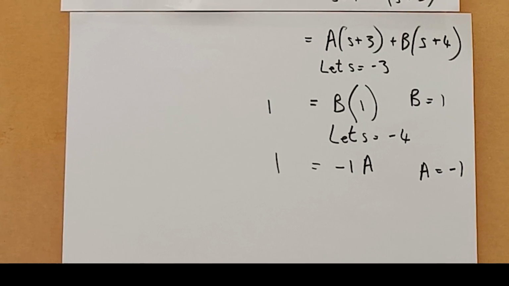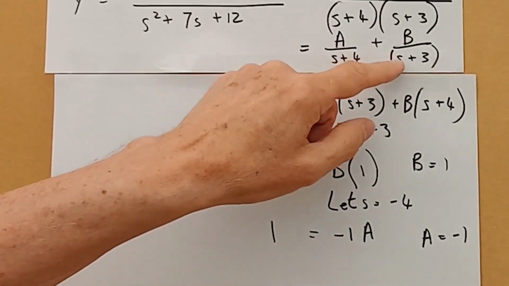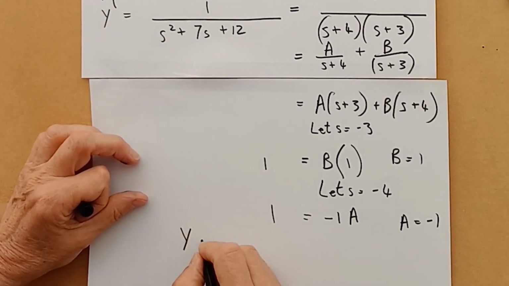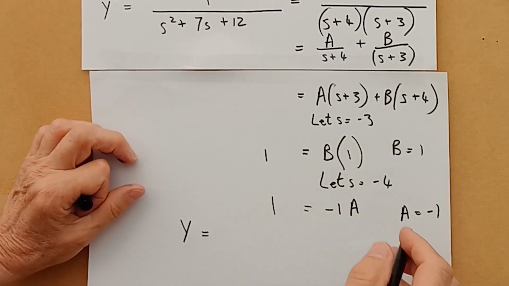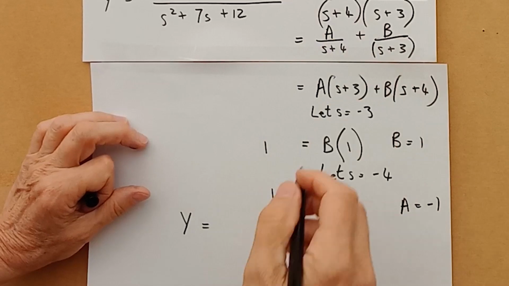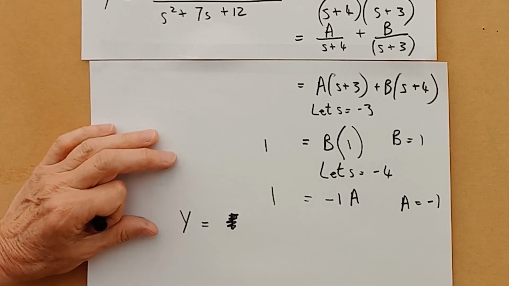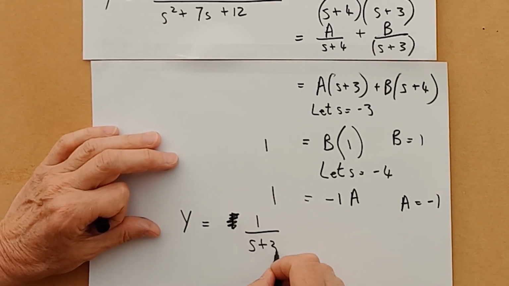So now we can rewrite this line, which is Y equals, and substitute these values we just found. We'll start with the B because the A is negative. B is 1, so it is 1 over s plus 3.